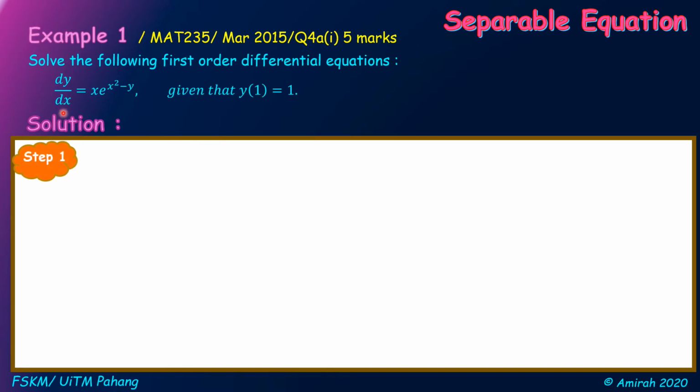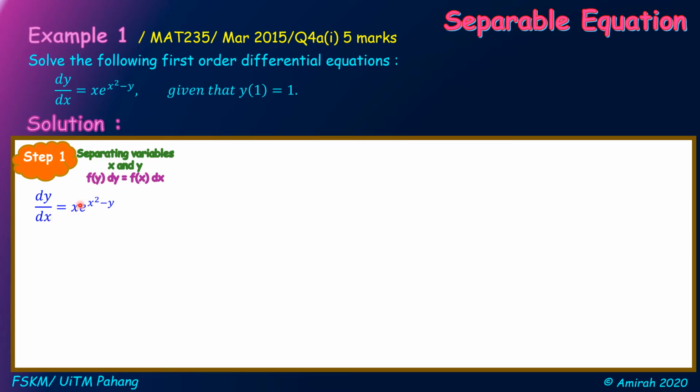When we solve using separable equation, step 1, we need to separate variables x and y. For left hand side, we write in terms of variable y and dy. And for right hand side, in terms of variable x and dx. From the given question, dy over dx equals x e the power of x squared minus y.